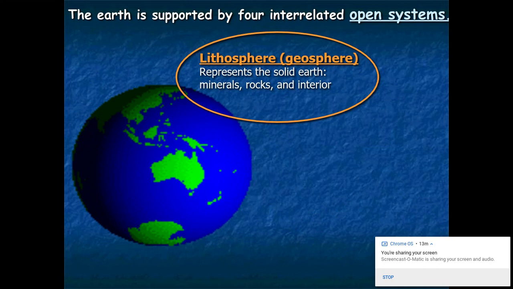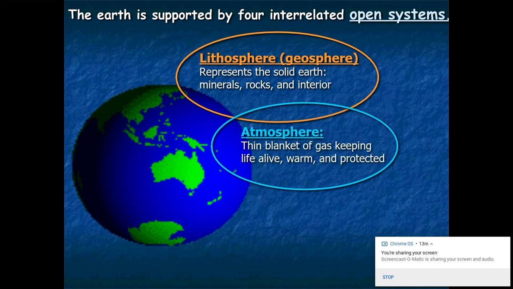This represents the processes that take place below and above the Earth. In fact, this really looks a lot like geology, doesn't it? And so when we say lithosphere, we're talking about the surface of the Earth. And this is where most of the geological processes take place, within this lithosphere open system.